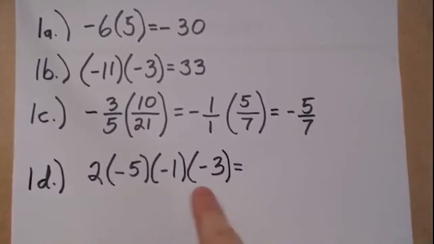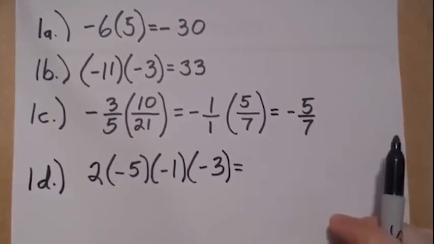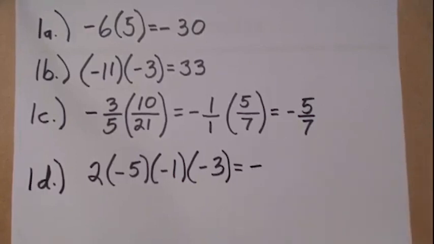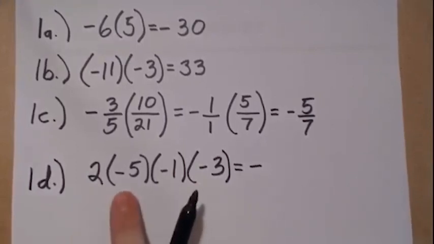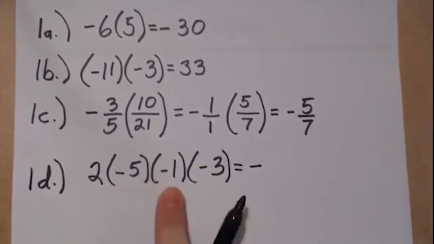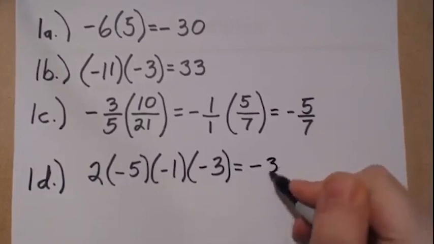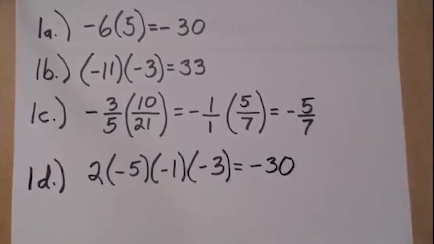We have 1, 2, 3 negatives. So our answer is going to be negative. An odd number of negatives gives us a negative answer. 2 times 5 is 10, times 1 is still 10, times 3 is 30. So negative 30 will be the answer here.